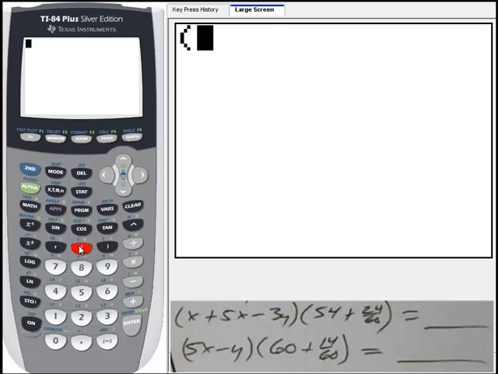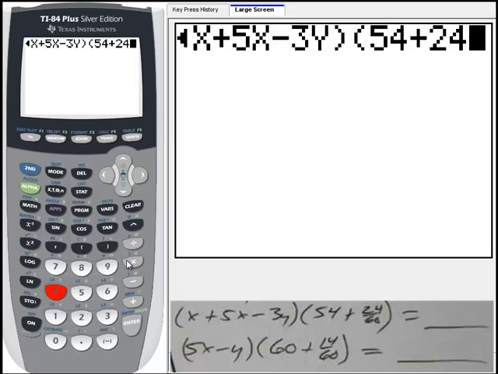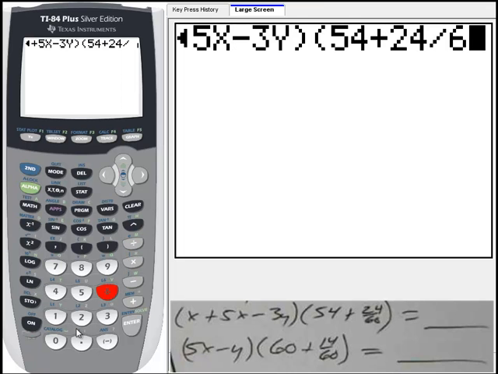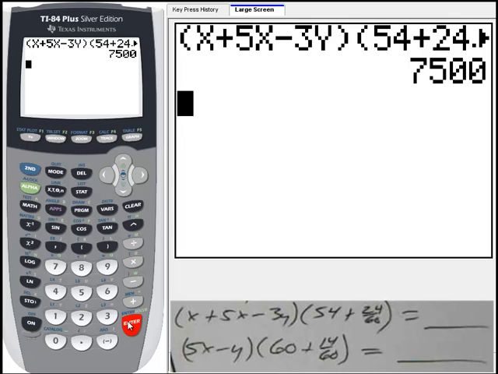We've got parenthesis x plus 5x minus 3 alpha y parenthesis times, another parenthesis, 54 plus 24 divided by 60 parenthesis. Enter. Okay, good. 7,500.